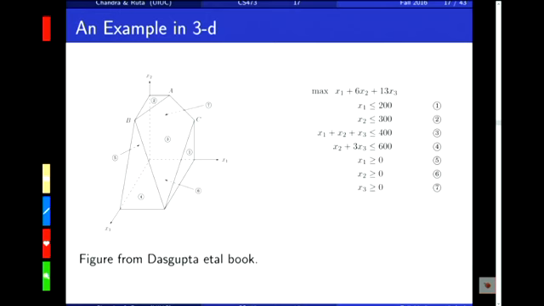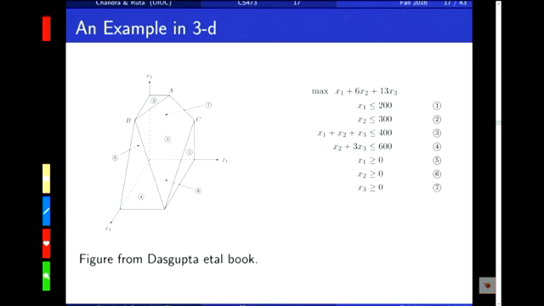Now, if we go to 3 dimensions, each constraint will define a plane. Okay? So like in this, if I think of this as a polygon or a feasible region, suppose there is this x-axis, y-axis, z-axis, and this is just saying that x is at least 0, at most 1. Okay?